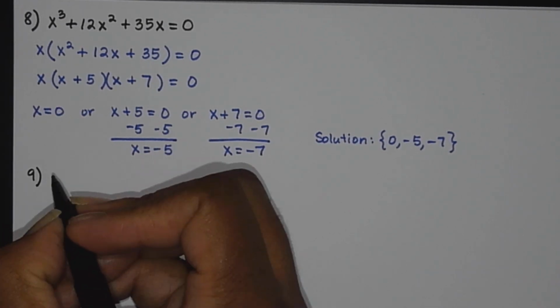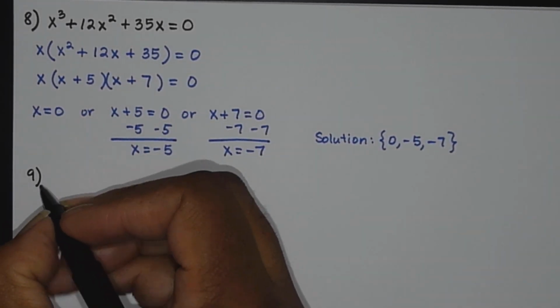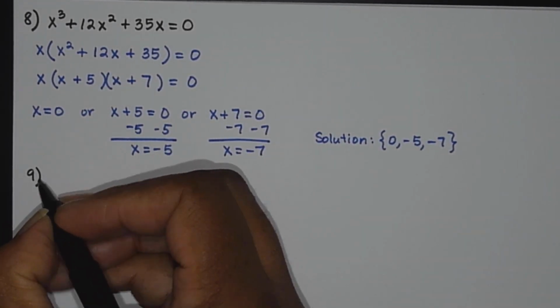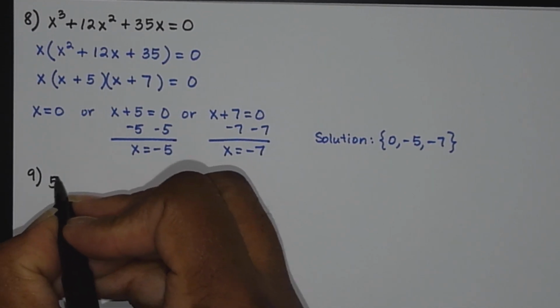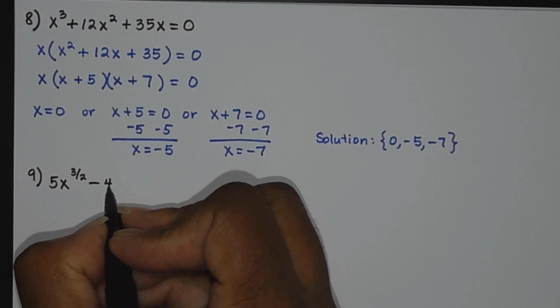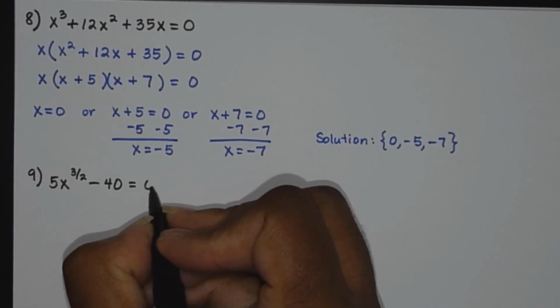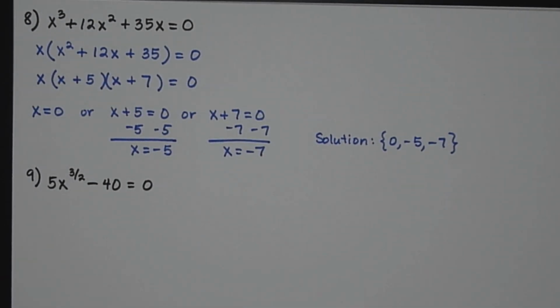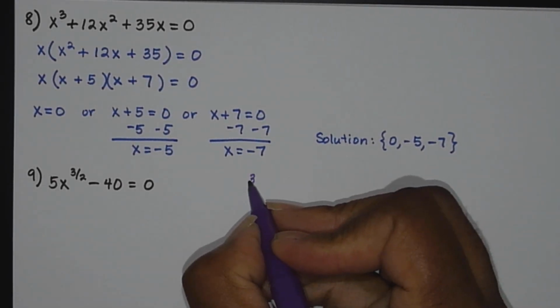All right, number 9 is a rational equation where the exponent is in the form of a fraction. So here we got 5x to the 3/2 power minus 40 is equal to 0. Now before I do anything, I need to check out that 3/2, which is my exponent here.